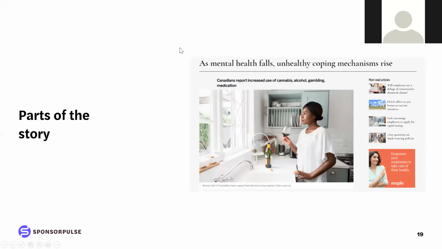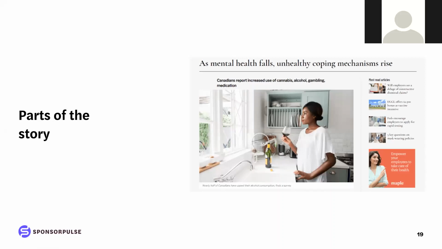The next noisy part is parts of the story. The pandemic has been hugely disruptive, and I personally, and I guarantee all of us, cannot wait until we're truly at the other end of it. But throughout it, you hear what's going on from a mental health perspective, and then you see articles and news about how we're coping with it.